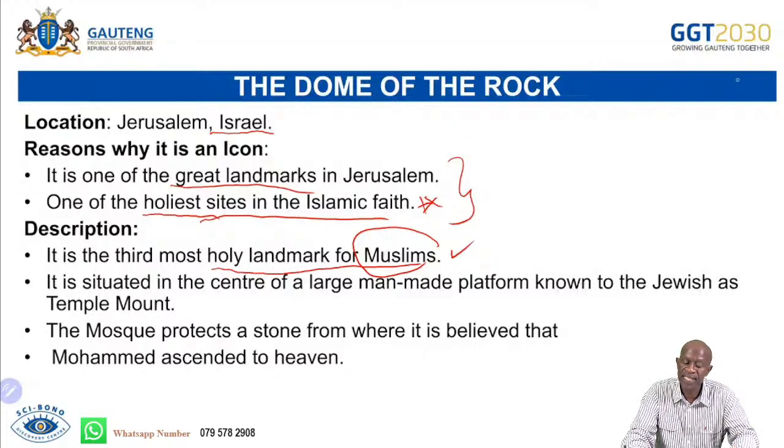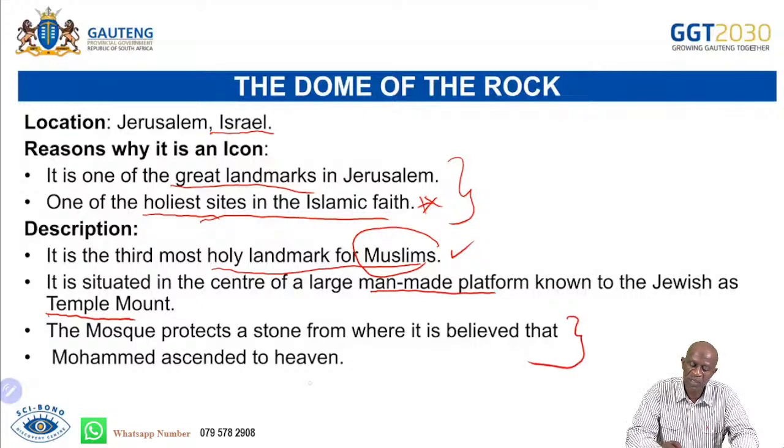It is situated in the center of a large man-made platform known to the Jewish as the Temple Mount. It is located in the Temple Mount, which is a man-made feature, and the mosque protects a stone from where it is believed that Muhammad ascended to heaven.